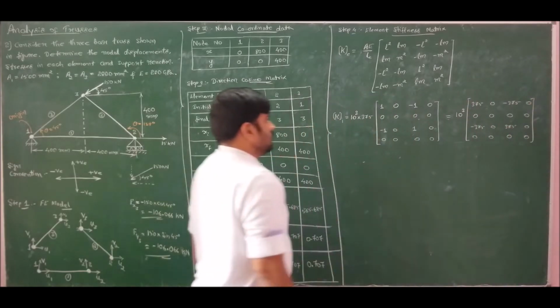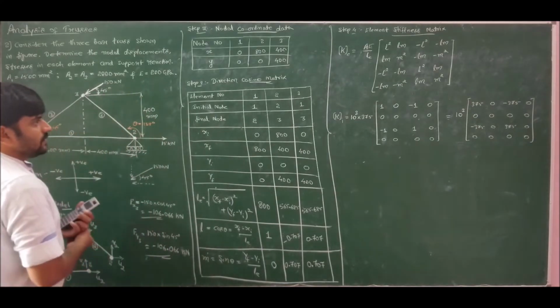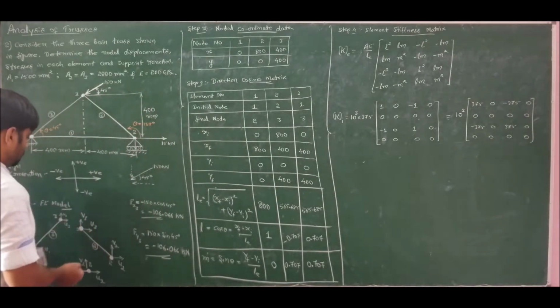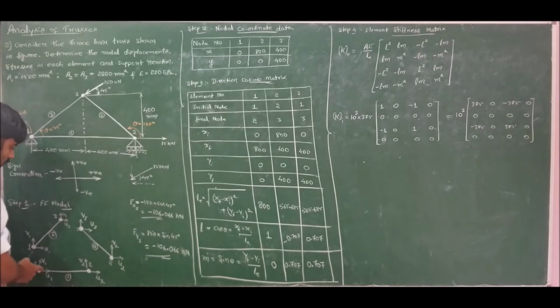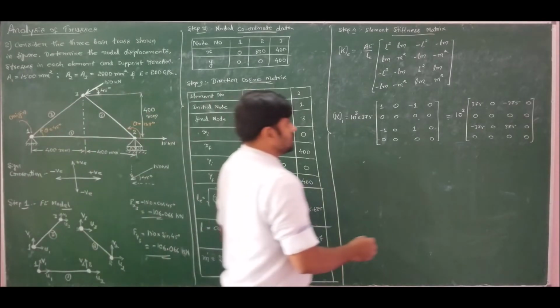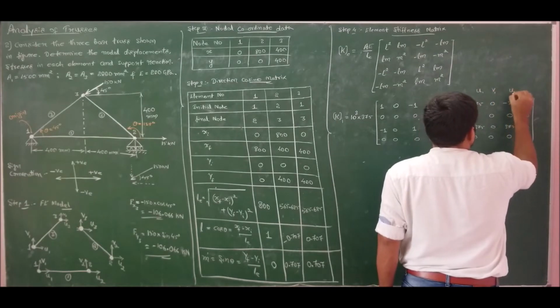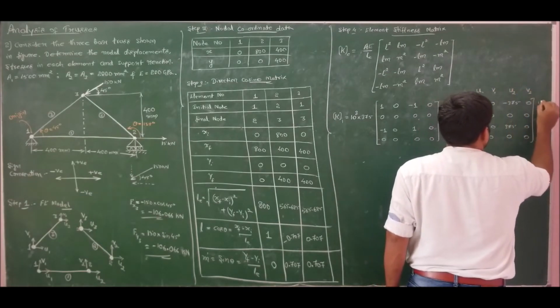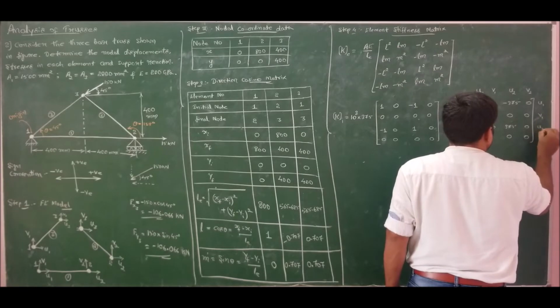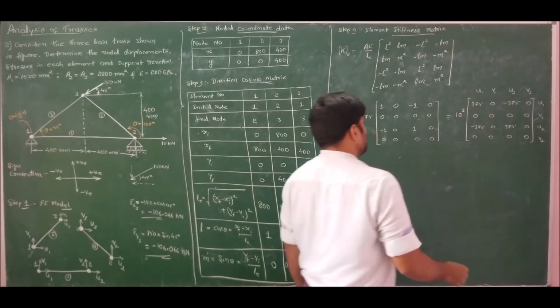Now in order to get the global stiffness matrix, I want to write the displacements. For element 1, the displacements are u1 v1 u2 v2, written along the rows and the columns.